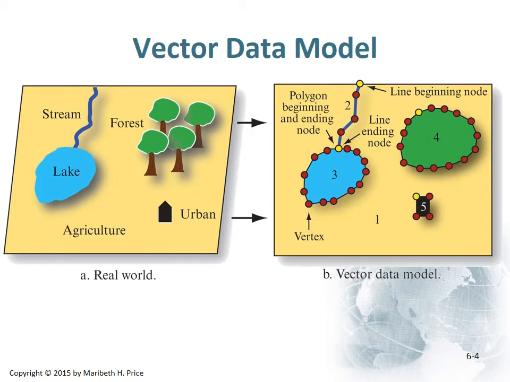So a start node, 3 vertices, and an end node, very small depiction of a small urban area, like a town, or in Europe you might call it a hamlet, a very small area. Anyway, here's essentially how vector data works, which is something you're already familiar with from the previous exercises that you've done in the class.